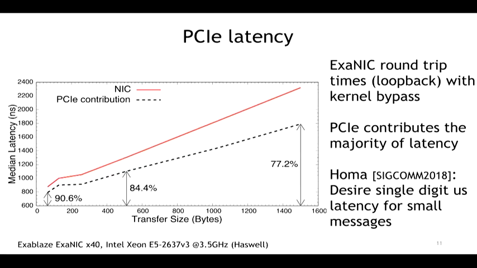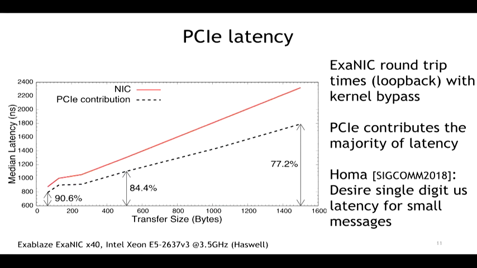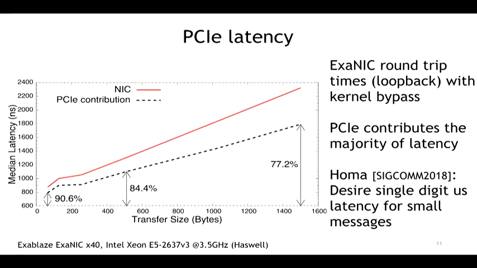But if you look at real implementations, here we have taken an Exablaze NIC and modified the firmware on it to look at what the contribution of PCI is to the latency of a transaction. So we basically take a timestamp just before the packet gets handed off to the DMA engines, and then compare it on the host.